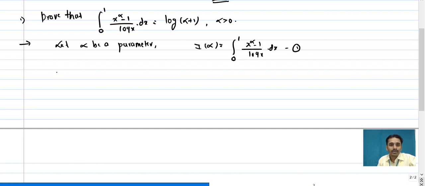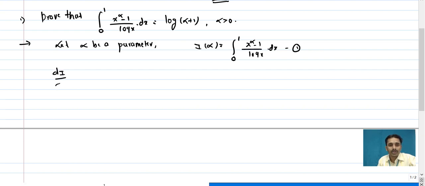Now we differentiate both sides with respect to alpha. So LHS is dI upon d alpha, and as DUIS says, this integration is with respect to x and differentiation with respect to alpha, so the differentiation goes inside, under the integral sign, for x raised to alpha minus 1.